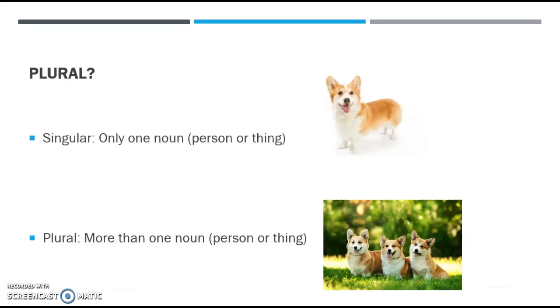So, just to quickly review, even though I'm pretty sure that the plural form is something that you are familiar with from your English classes, from elementary school, and also from your English class here. The singular is when you only have one noun. So that's one person or thing that you're talking about. So the dog, like here.